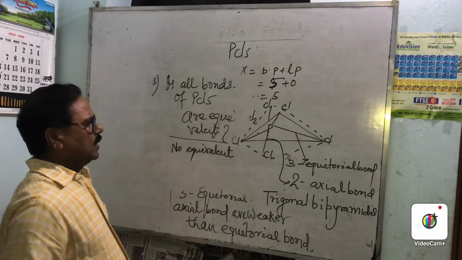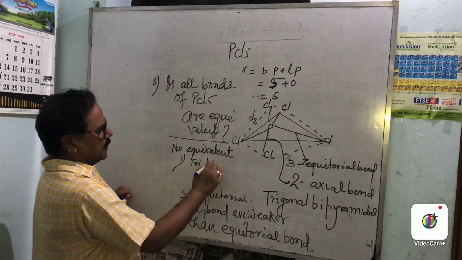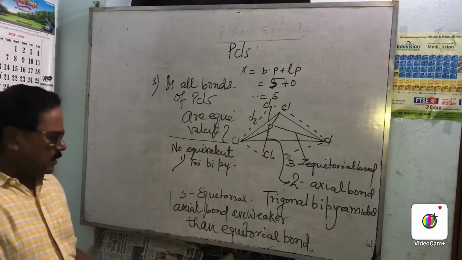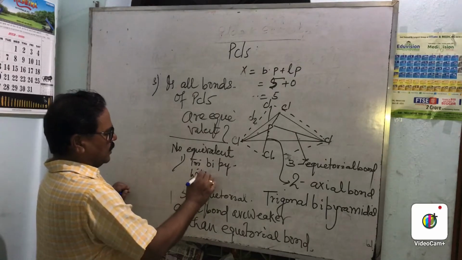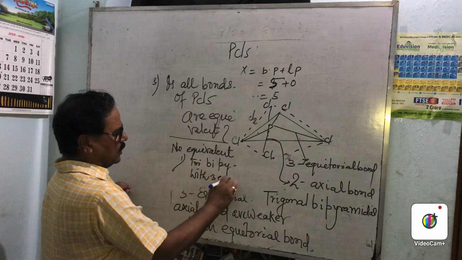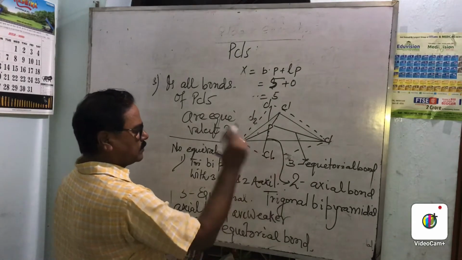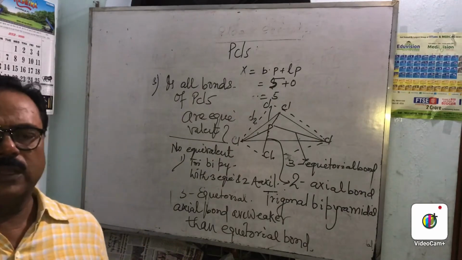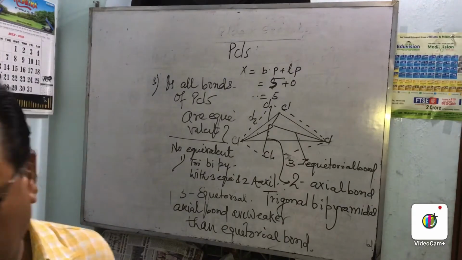Write the same: trigonal bipyramidal geometry with 3 equatorial and 2 axial bonds, and their bond lengths are different. That's why all 5 bonds of PCl5 are not equivalent.